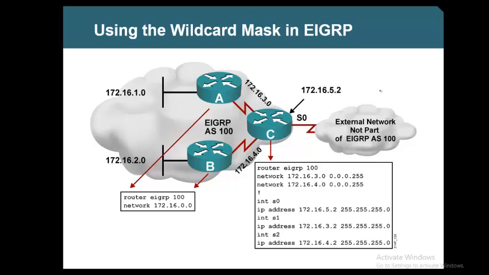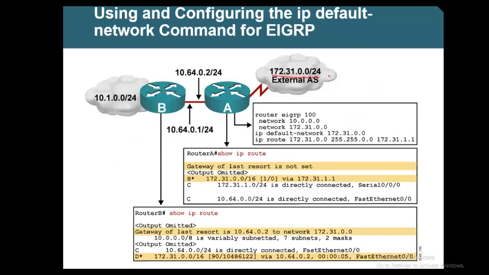We have an ISP, say for example, this is the ISP router. And this ISP is in the network 172.31.0.0/24. Understand? It's not /16, it's /24.